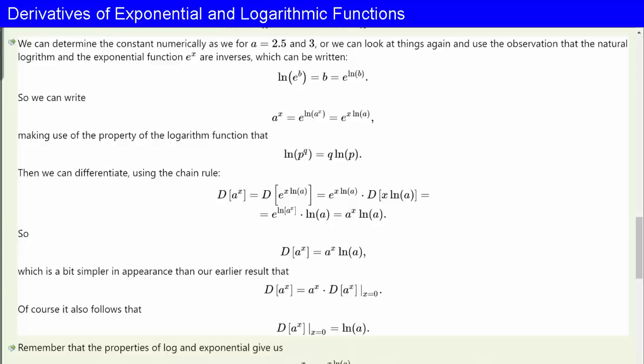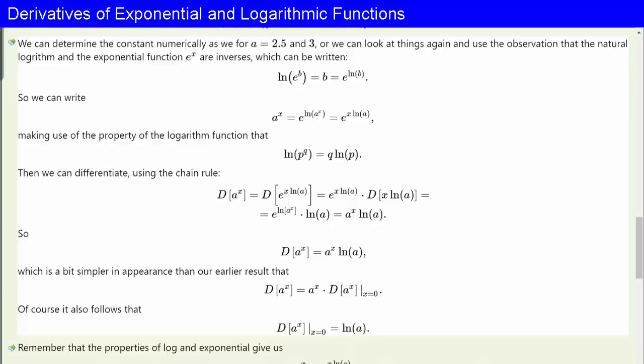And the derivative of x log a is just log a. So you end up with the fact that the derivative of a to the x is a to the x times the natural logarithm of a, which is a bit simpler in appearance than our earlier result that the derivative was a to the x times the derivative at 0. Of course, it follows that the two are equal.